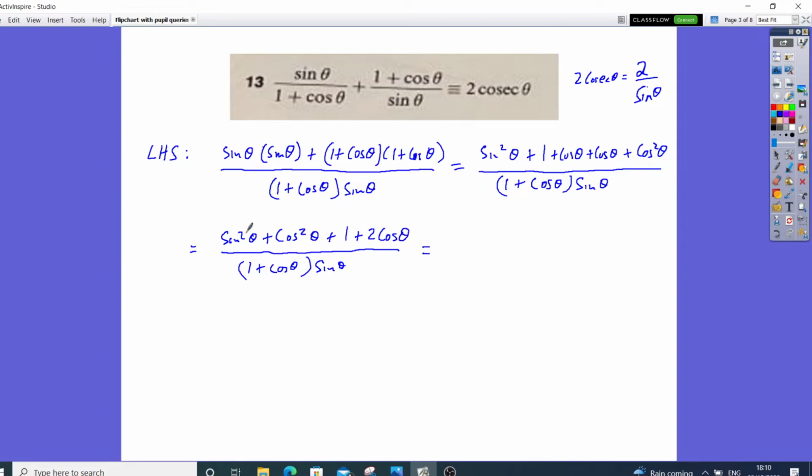So sine squared theta plus cos squared theta, now it probably might be a good idea to let the examiner know that you know that sine squared theta plus cos squared theta is equal to 1. So I'll just put that somewhere in the working now, so the examiner knows what you're doing. I'll probably put it here, so that will become 1.